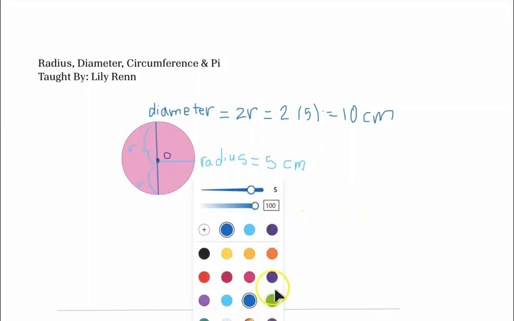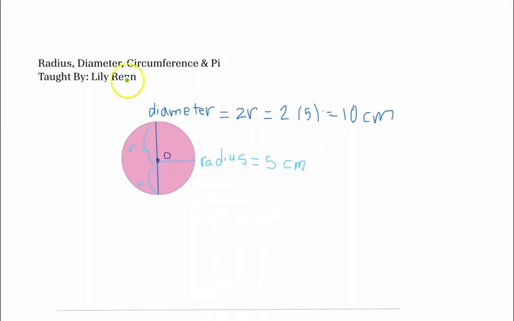Okay, perfect. So we're going to draw another line, this time one that goes around the entirety of the circle. Excuse the messiness, but it's supposed to be around the perimeter of the circle. We're going to call this line around the circle the circumference.